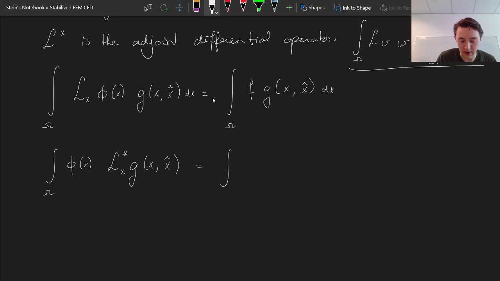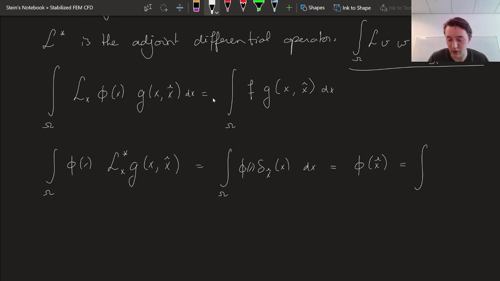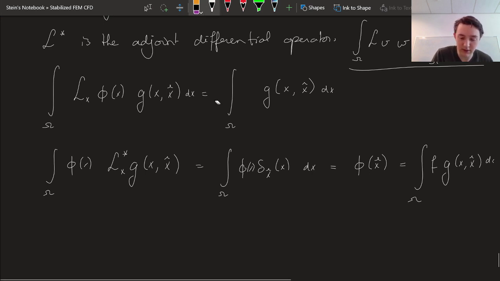So we obtain here that phi times delta at x hat, both as functions of x, integrated over x, is going to be equal to that. And that, by definition of the Dirac delta distribution, is going to be phi at x hat, which again is still equal to the integral of f times g of x, x hat dx. And also f is a function of x.